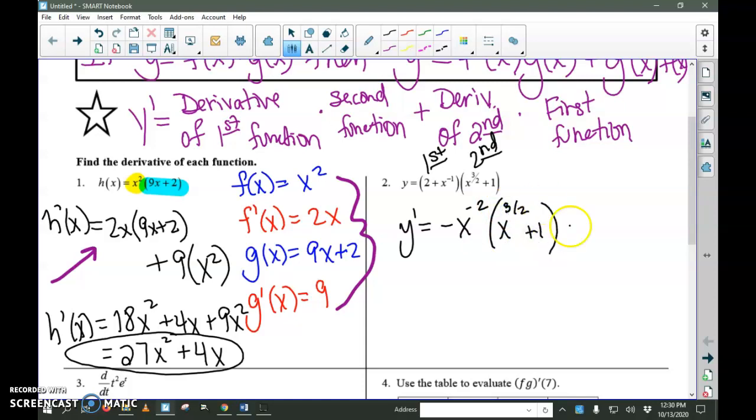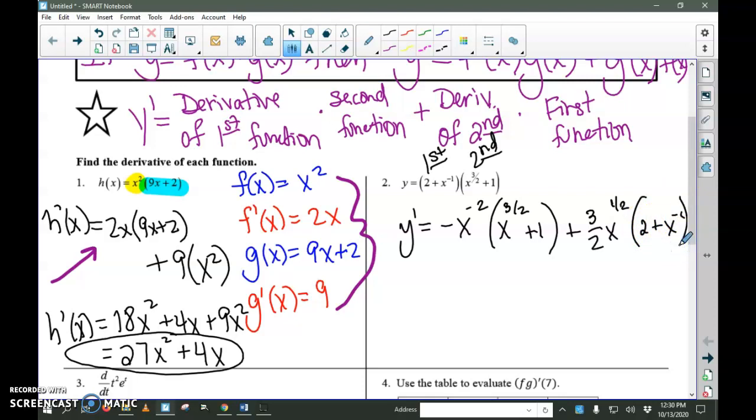Okay? Plus, now I have to take the derivative of the second function. Well, the derivative of x to the 3 halves is 3 halves x. Subtract 1 gives me 1 half. The derivative of a constant is 0 times, now I need to write the original first function.